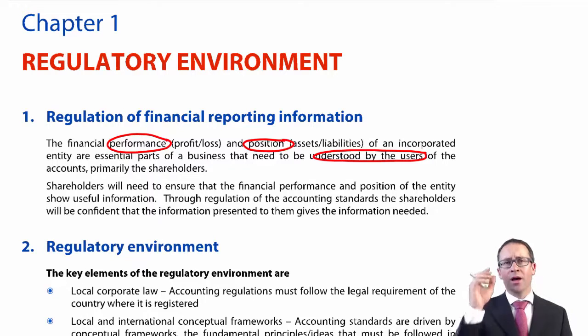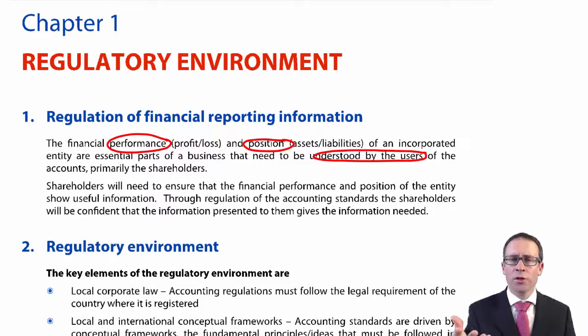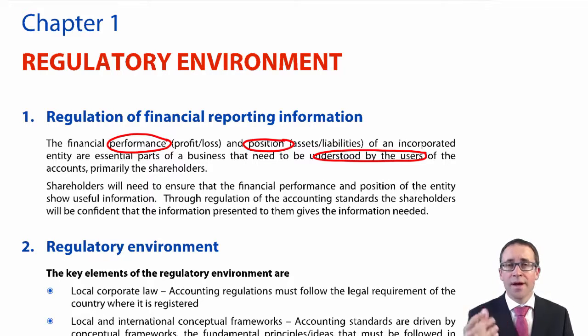Remember that the directors are acting as the agents for the shareholders. The directors are responsible for preparing the financial statements for the shareholders to use, as well as for other user groups such as the government, suppliers, customers, competitors, etc. But the primary use is for the shareholders.